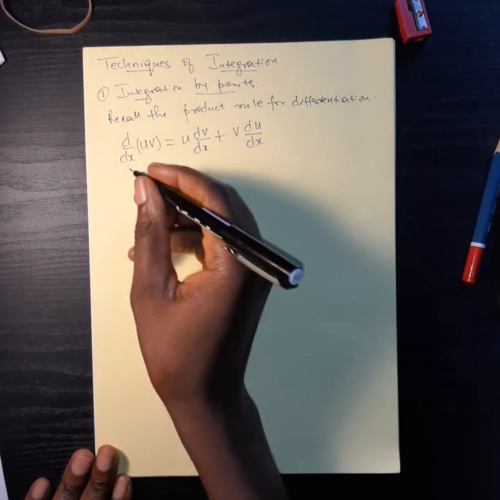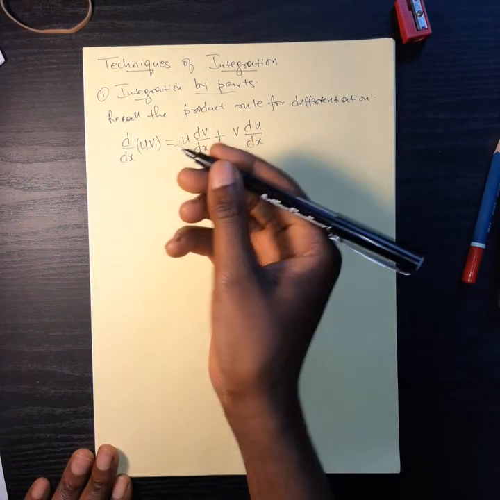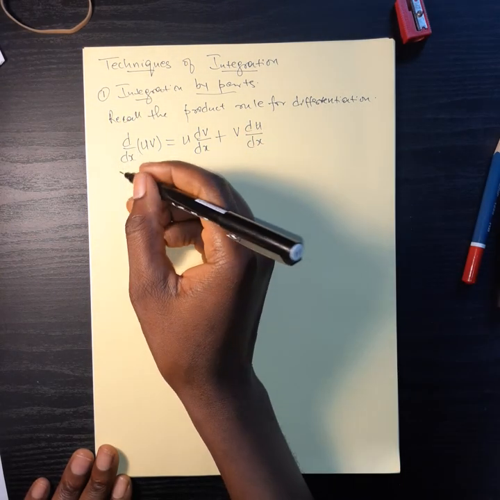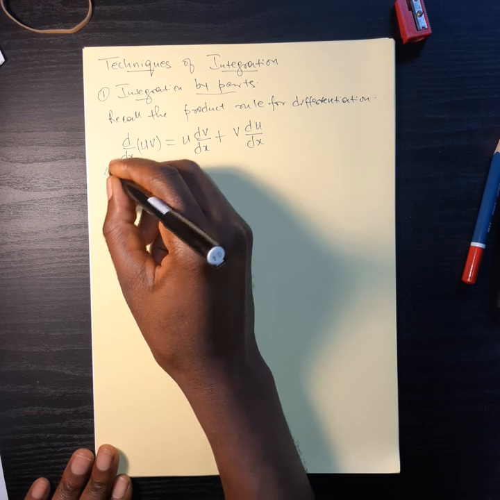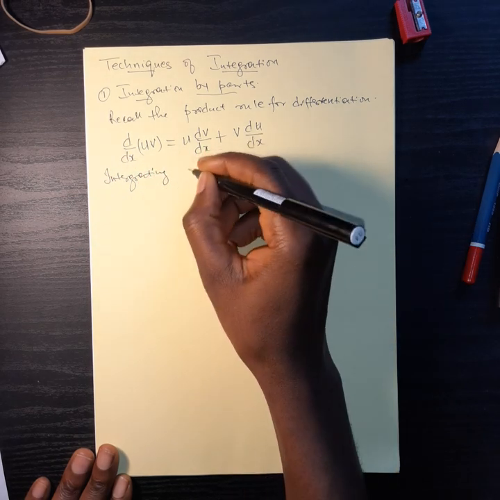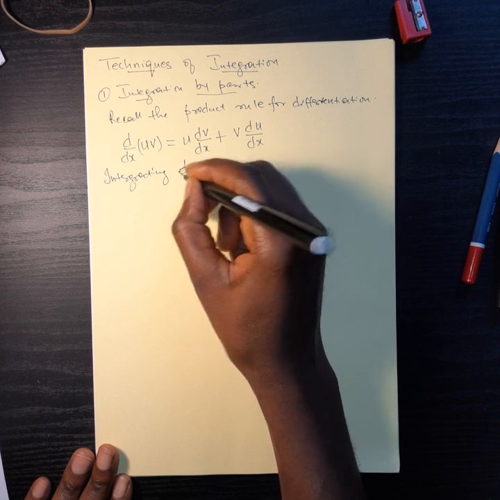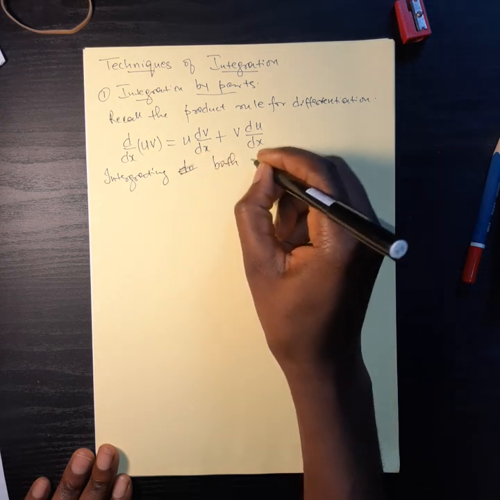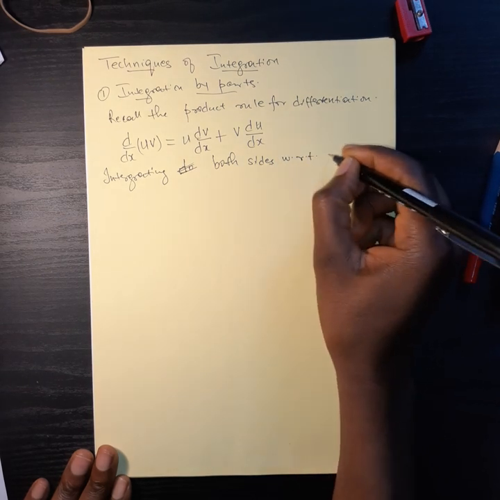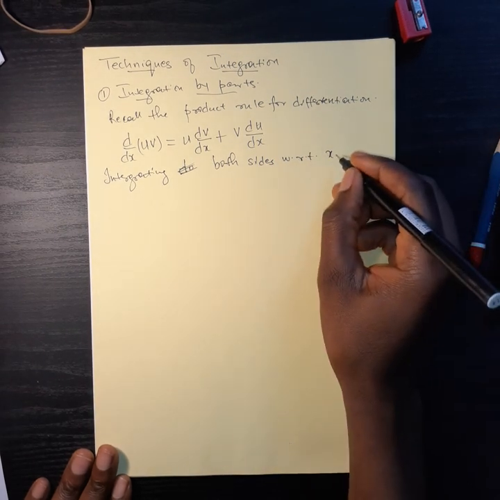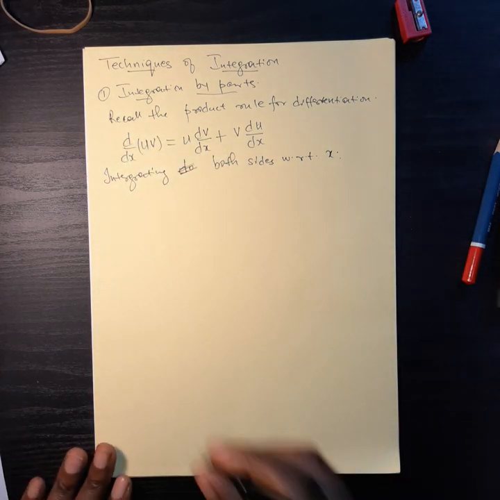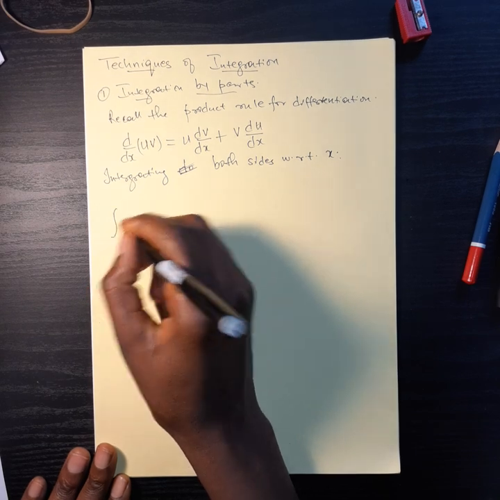So after doing this, let us now introduce the integral sign, the integral operator. We integrate both sides with respect to x. On the left, we come with the integral sign.